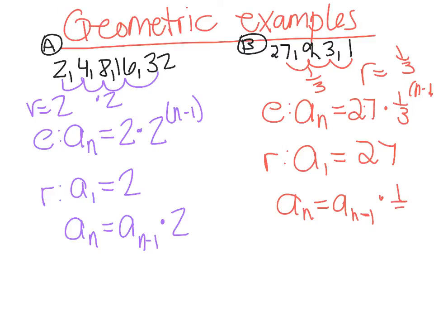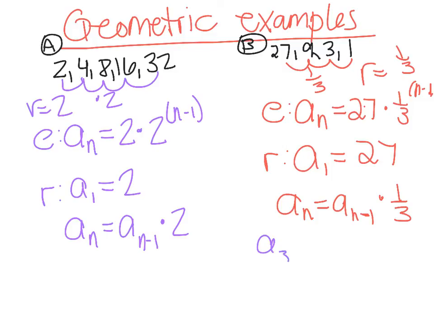So let's say I wanted to find the third term, just to show you. So I would probably use my explicit formula, but you could use either one. Actually, I'm going to change that n because we want to find the third one.